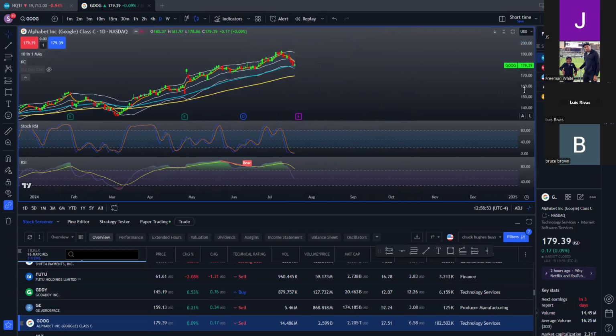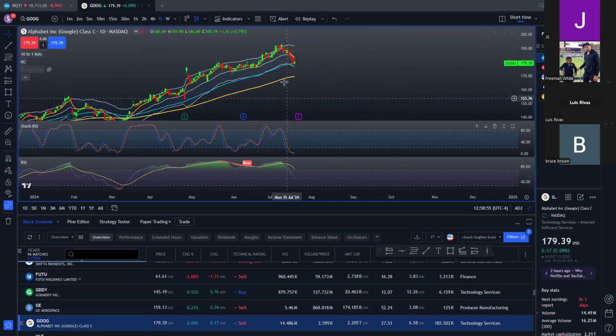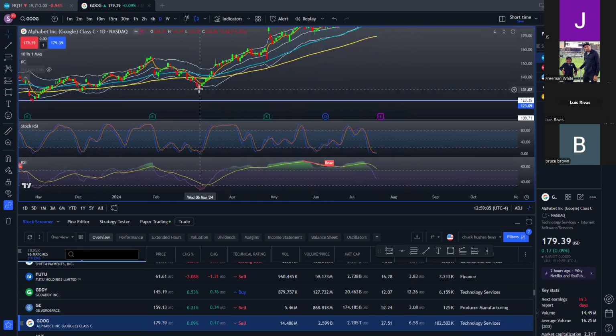And you know what's funny? Just looking at a lot of these, the 50 above the 100, you're looking at them oversold, right? Look at the moves back up. Even though this one had earnings, it was oversold and moved back up, oversold and moved back up. This one was kind of funny, but it still moved up for 2-3 days. So you still could have caught that 50 above the 100, stochastic oversold, move up.